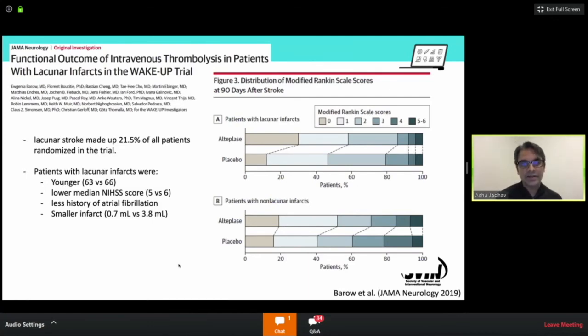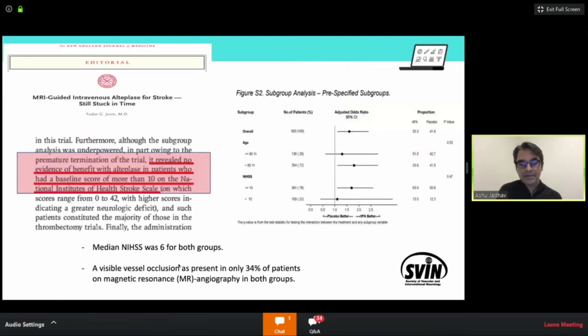So the investigators further looked at patients who may have had lacunar infarcts, and they again found patients who had lacunar infarcts also showed some benefit of alteplase versus placebo, and this is really kind of to address some criticisms that perhaps in the trial the benefit is really specific to medium vessel occlusions or large vessel occlusions and not broadly applicable to other types of infarcts.